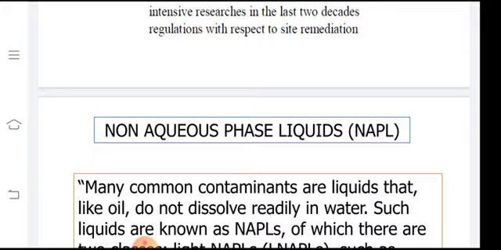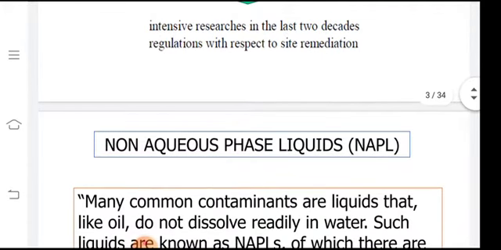The infiltrating contaminant will modify itself based on the local characteristics of the soil volume and the groundwater aquifers.